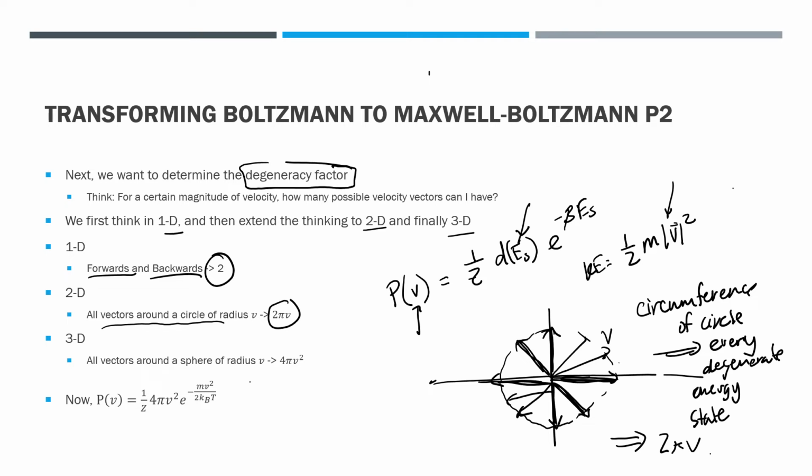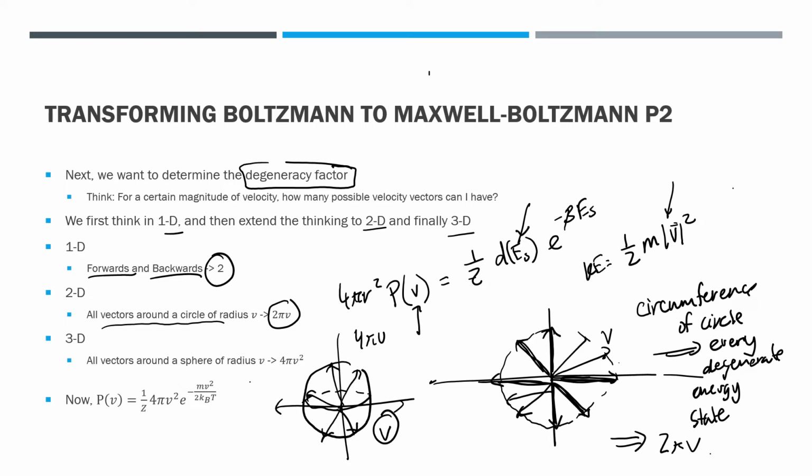Now we just extend this thinking to 3D, and it's hard for me to draw, but basically we end up with a sphere. We have a sphere with a bunch of vectors spanning out, with the radius v again. If we look at all vectors around a sphere, we're looking at the surface area of the sphere, which is 4 pi r squared, or with radius equal to the velocity, 4 pi v squared.